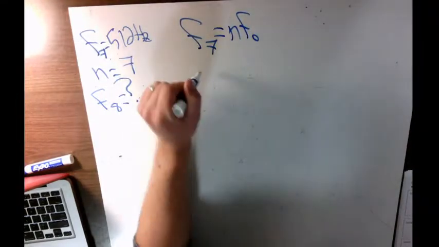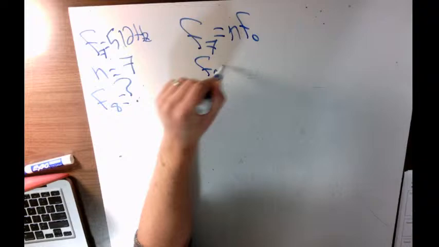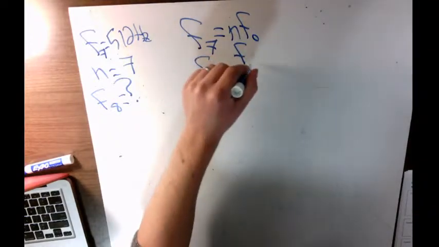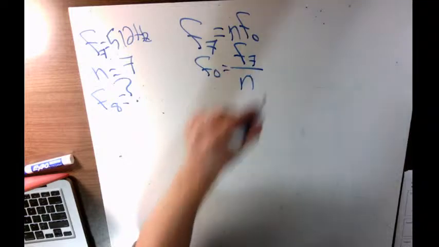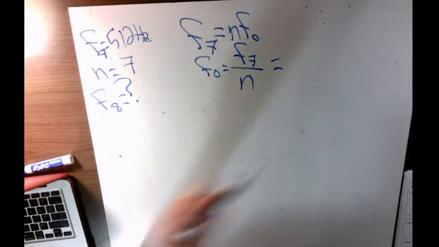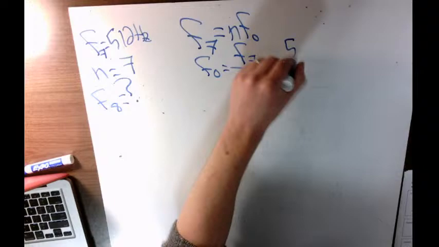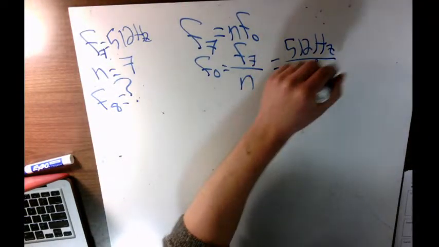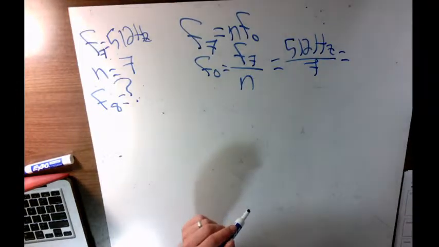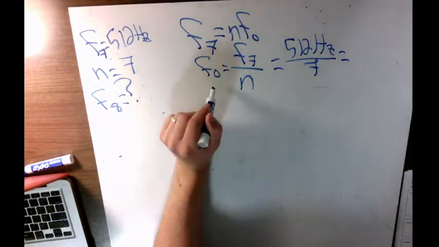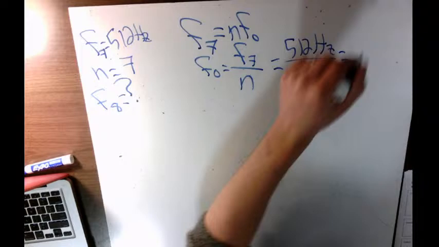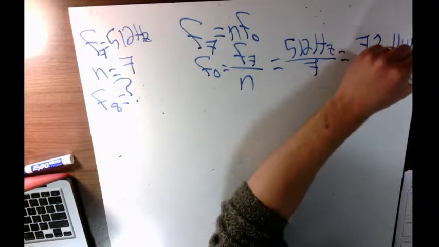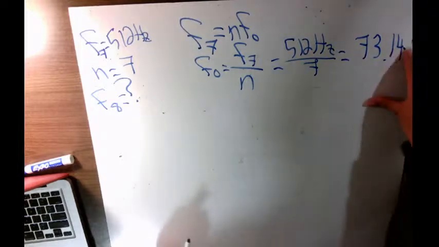So our fundamental frequency is always going to be equal to our harmonic frequency divided by the harmonic number. So our harmonic frequency is 512 hertz, and we're going to divide it by 7. And that'll give us a fundamental frequency F0 of 73.14 hertz.